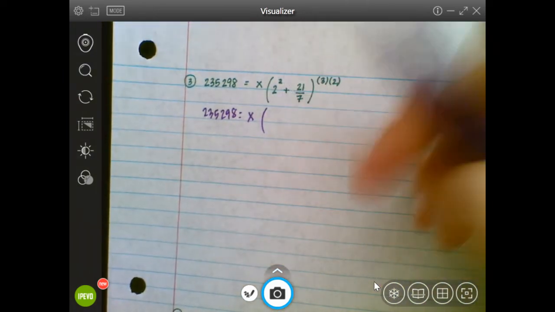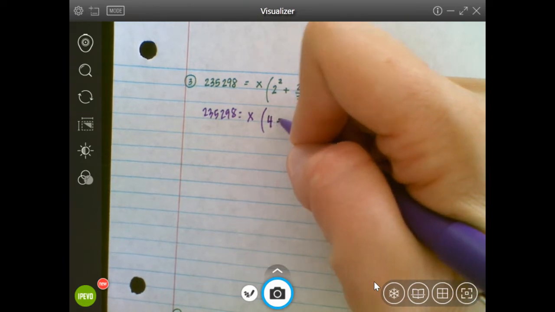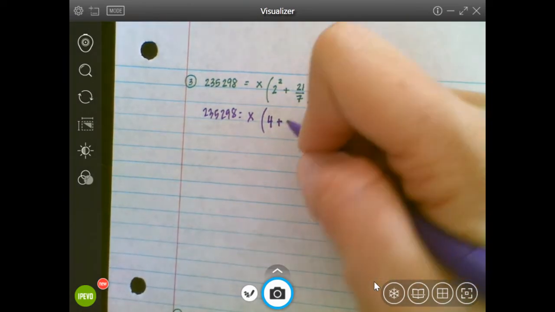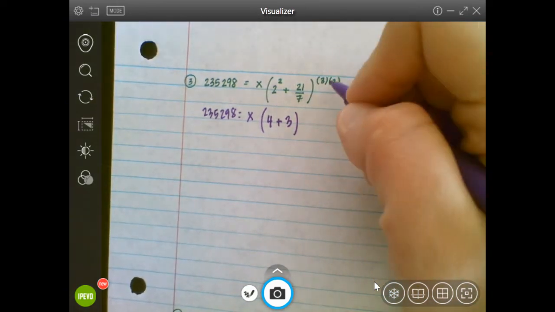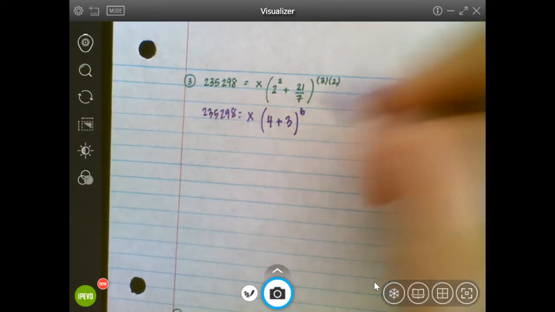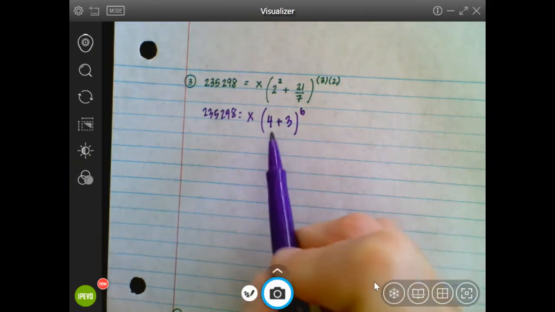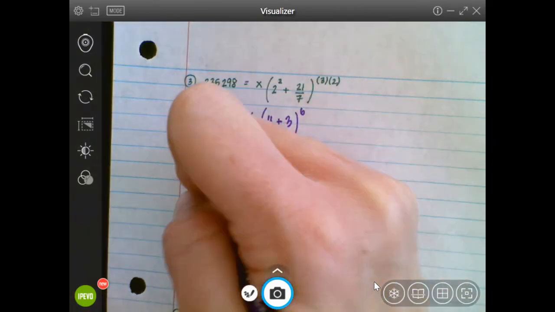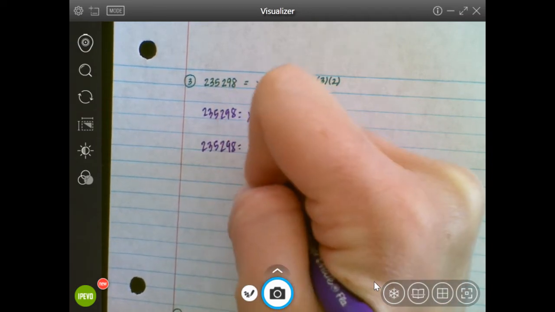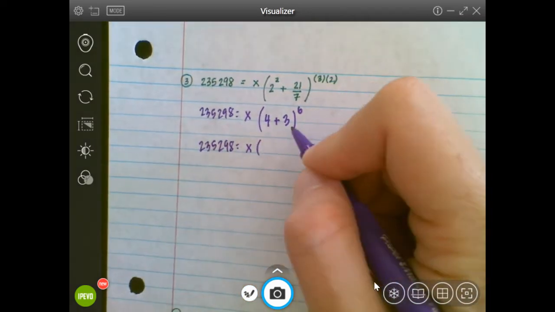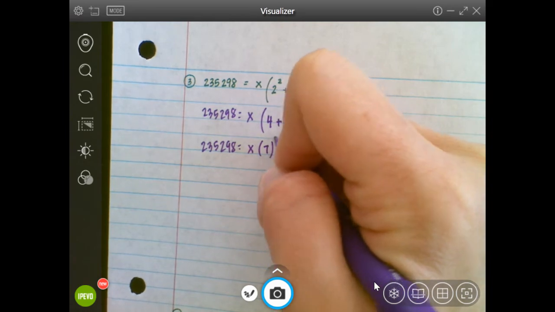So I have a 2 squared. I'll simplify that to 4 plus 21 divided by 7. It gives me a 3. And then I'm going to go ahead and evaluate that exponent. So 3 times 2 is going to give me an exponent of 6. So I still have some stuff to clean up here. So bring down this 235,298 equal to X times 4 plus 3 gives me a 7 raised to the 6th power.